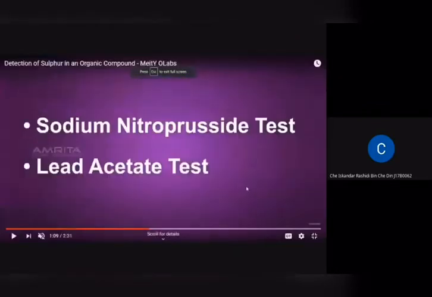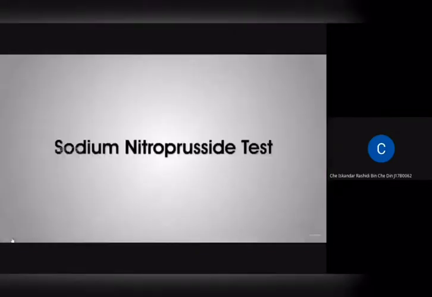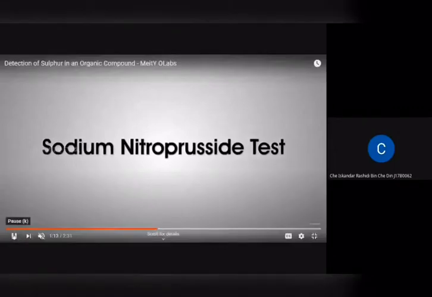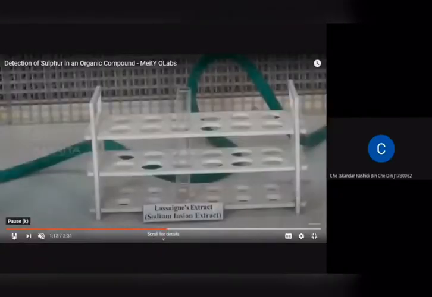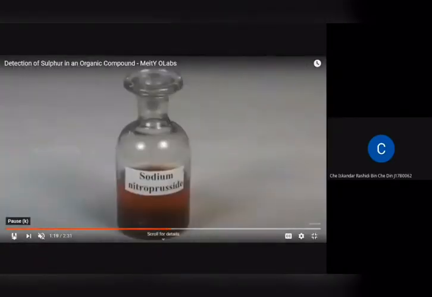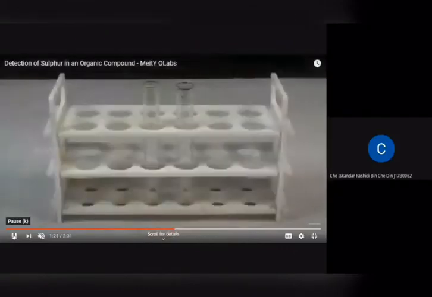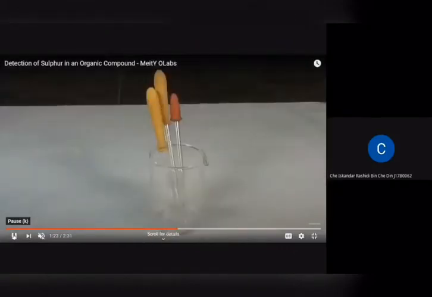The method used to detect the sulfur in an organic compound is sodium nitroprusside test. The second one is lead acetate test. Sodium nitroprusside test. Material required: leucine extract, sodium nitroprusside solution, test tube, and dropper.